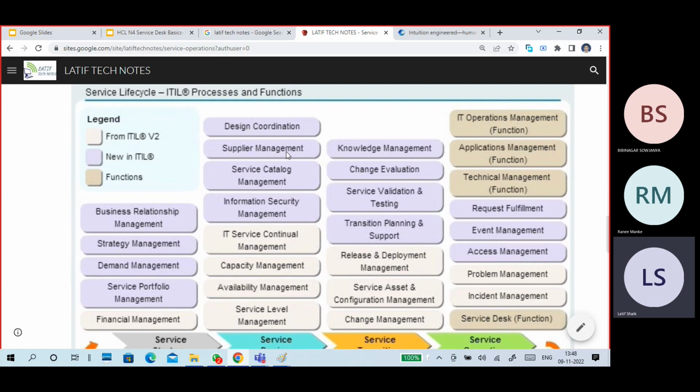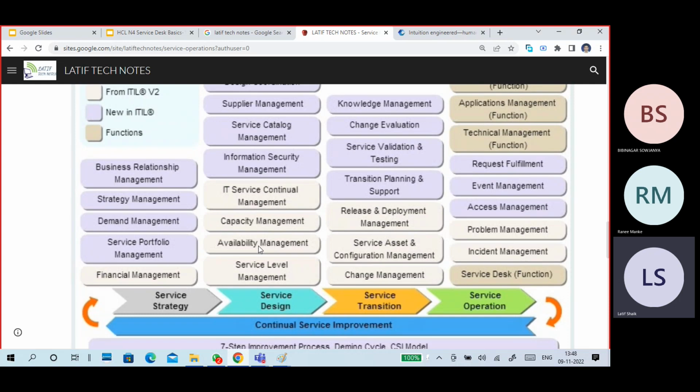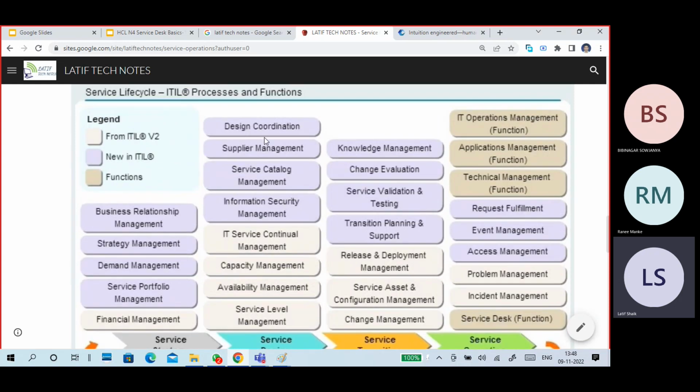Supplier management: the people providing components, routers, switches, and the like. Who is supplying the items and components. Design coordination: you coordinate with people at a higher level like team leaders, workers, the IT supporting department, the change management department, and even customers, who are also included in designing.